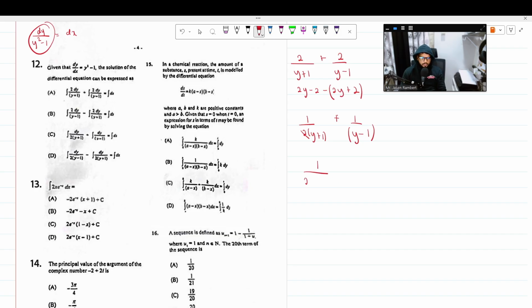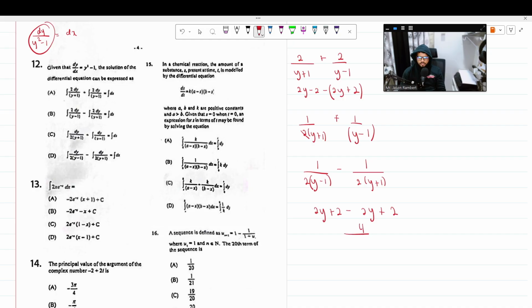1 over 2 into y minus 1, take away 1 over 2 into y plus 1. Cross multiply, I'll get 2y plus 2, take away 2y plus, when I expand out the brackets, 2y minus 2, I'll get 2y and 2y goes away. 2 plus 2 is 4.